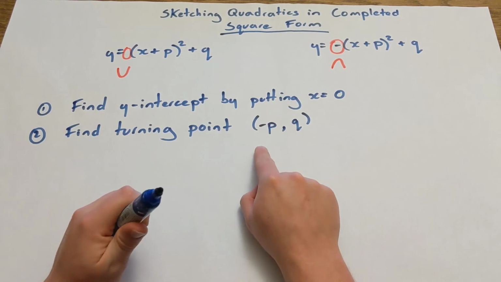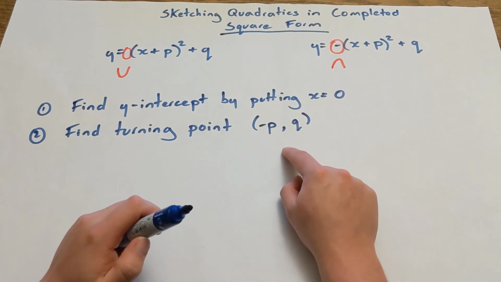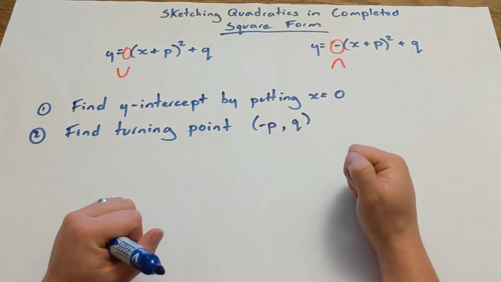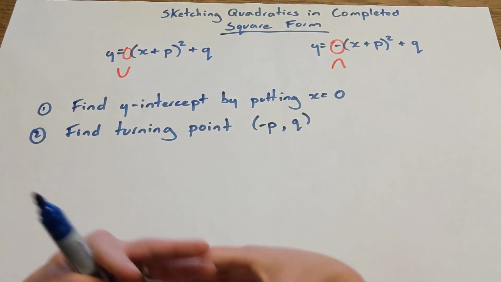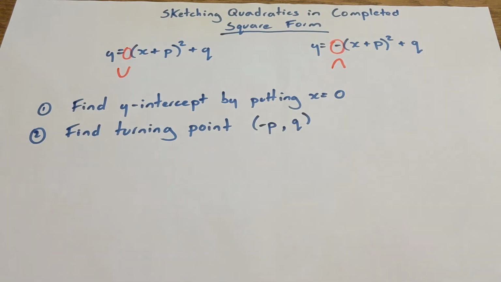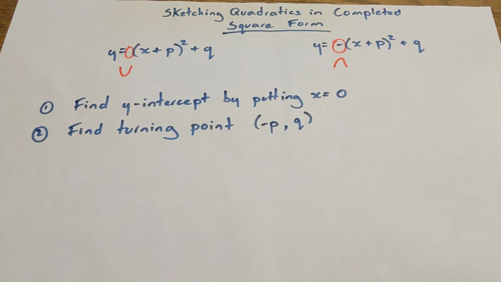And that's all we need to sketch these graphs. That gives us where it's turning, and the y-intercept gives us where it's going to cross the y-axis. We just need those 2 points and knowing that this graph is symmetrical to be able to do a sketch from that, okay?